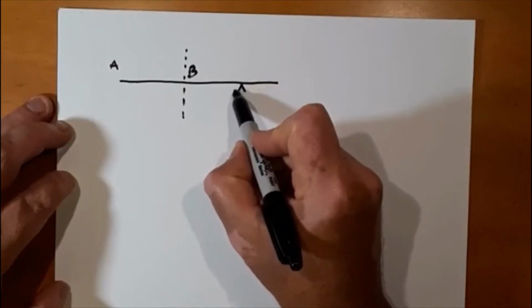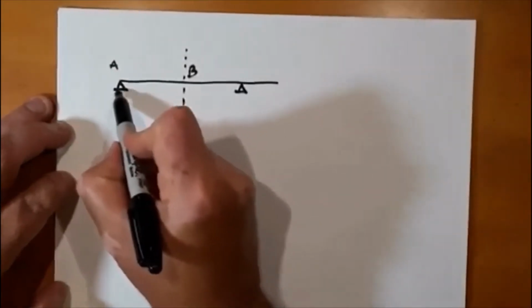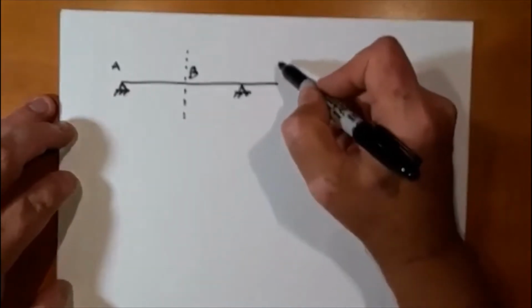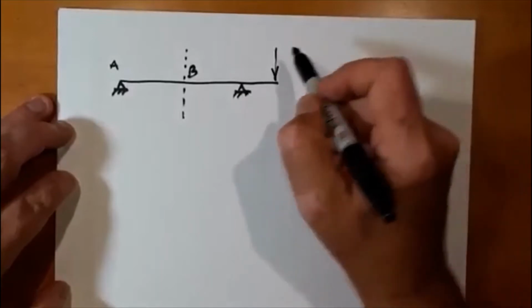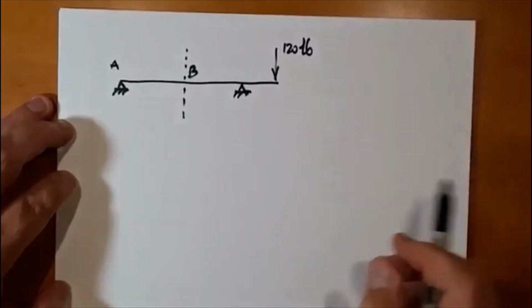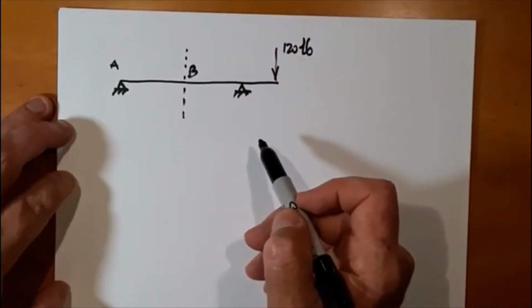Okay. Support at A. And then we have the 120 pound from the pulley. Okay.